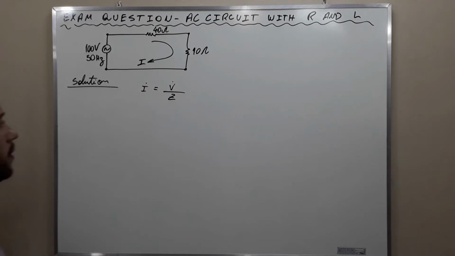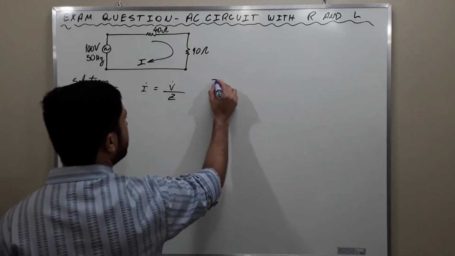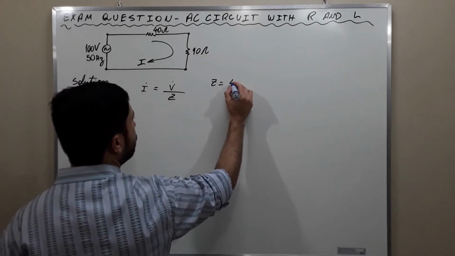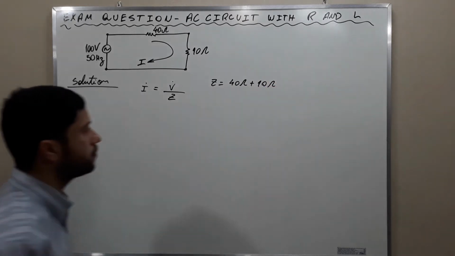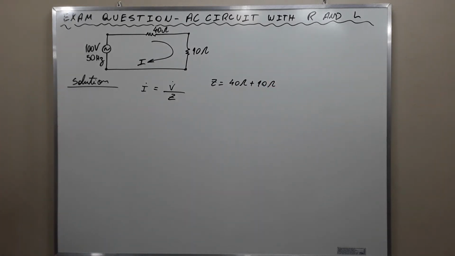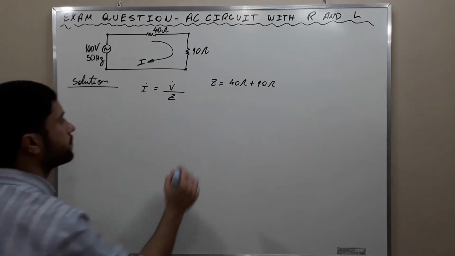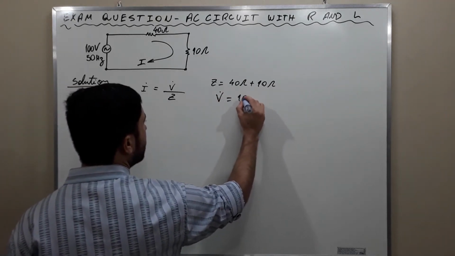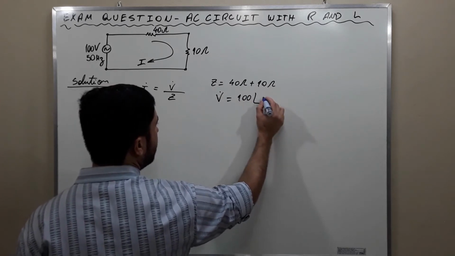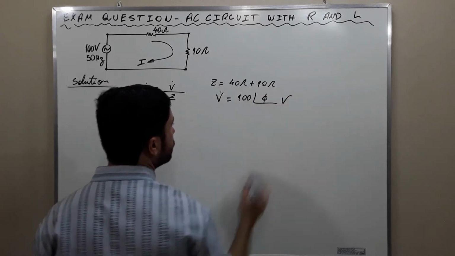Observe that here the impedance is composed only by resistors. Z is equal to 40 ohms plus 10 ohms. And the voltage phasor is equal to 100 phase phi volts.